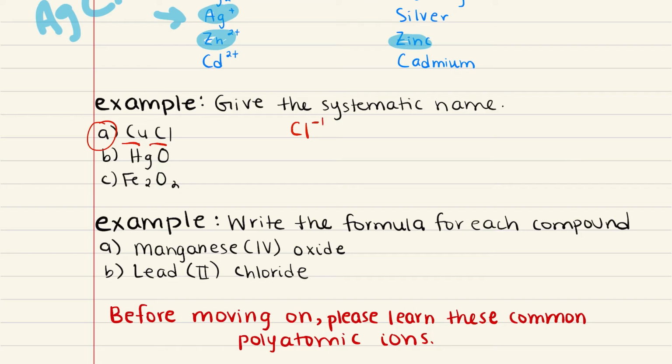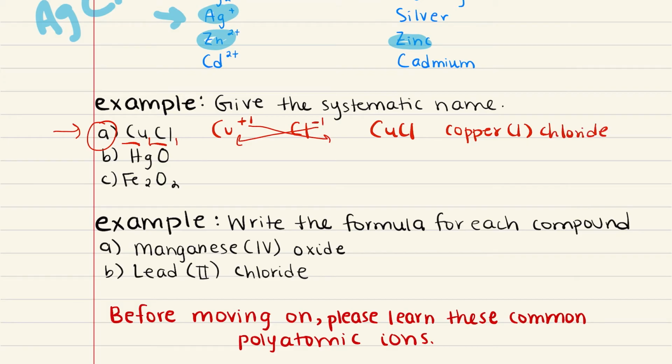Now, in our neutral compound, we have 1 copper atom, 1 chloride atom. So that means that the cation must be copper +1, because then when they switch their charges, you get CuCl, which is what we're given. And that means that the systematic name for this is copper 1 chloride.